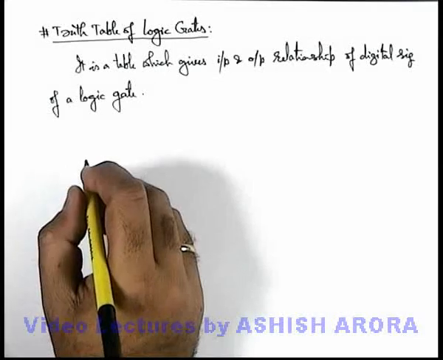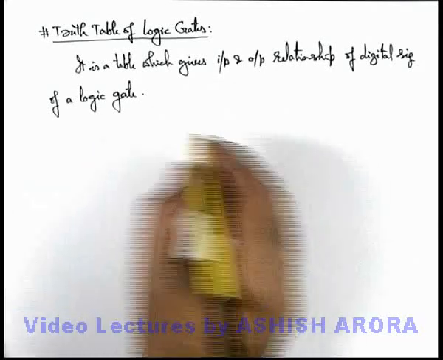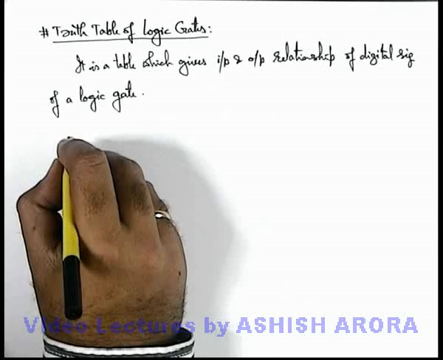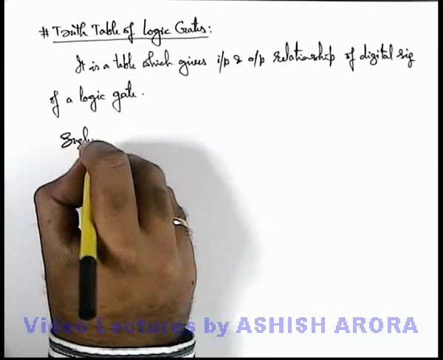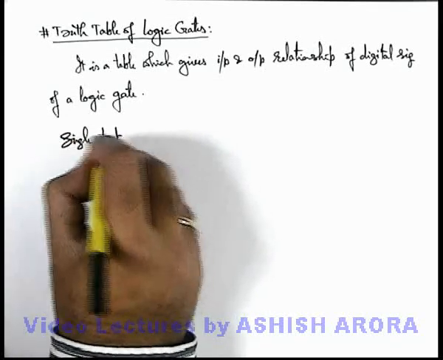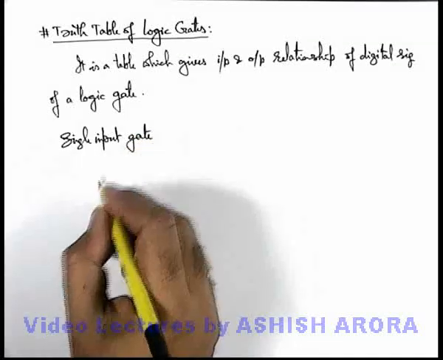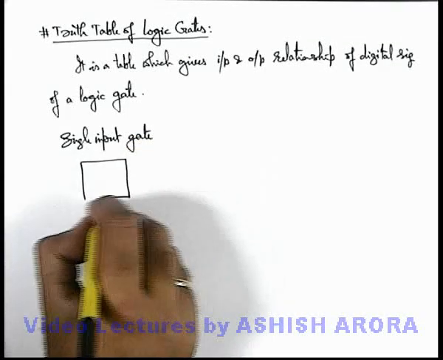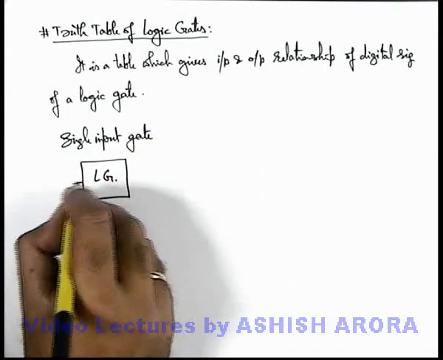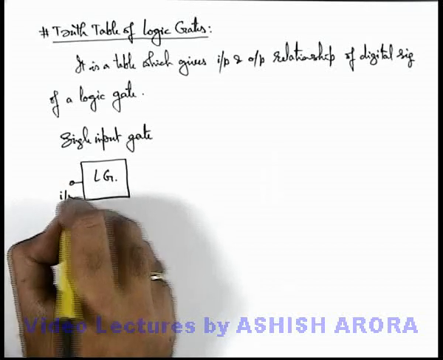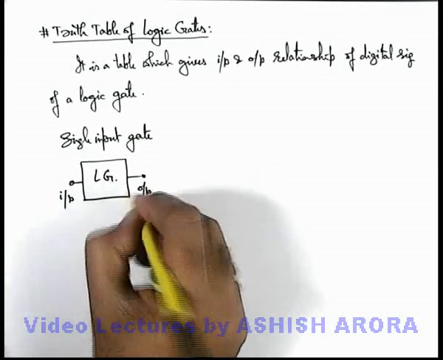Here we discuss the truth table of two types of gates. First one we consider as a single input gate. In case of a single input gate, say we have a logic gate in which there is one input terminal and one output terminal.